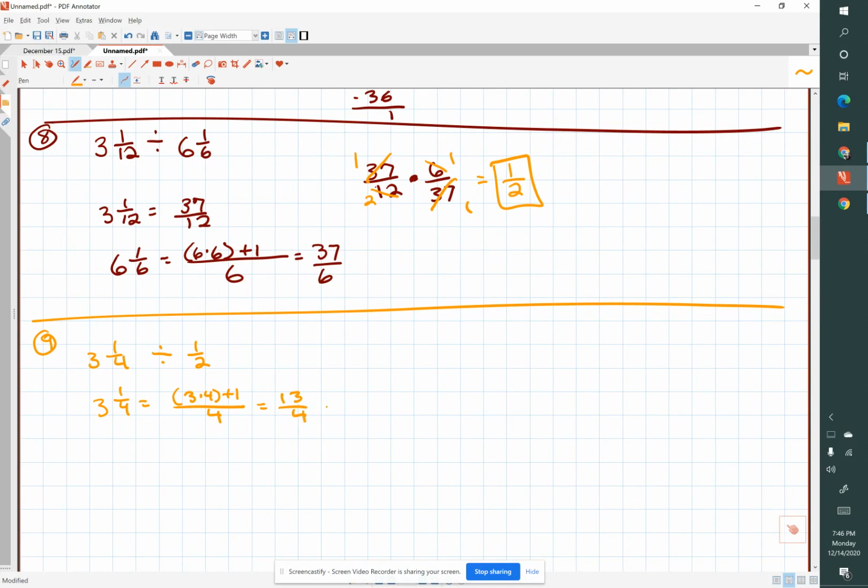Over 4 times the reciprocal of 1/2 is 2 over 1. 2 divided by 2 is 1. 4 divided by 2 is 2. So the final answer would be 13/2. And that converts into 6 times 2 is 12 and 1/2. So that equals 6 and 1/2.